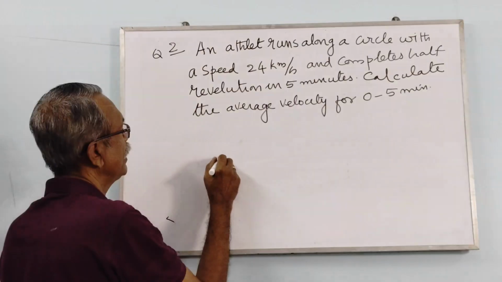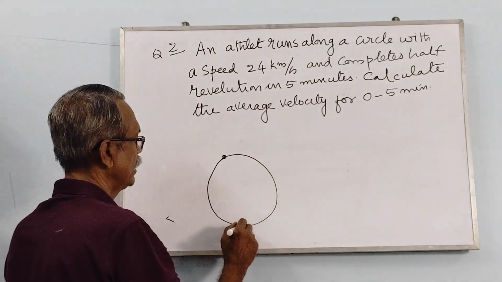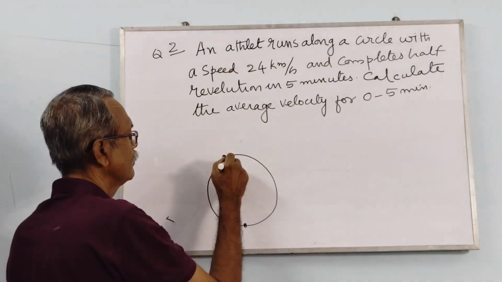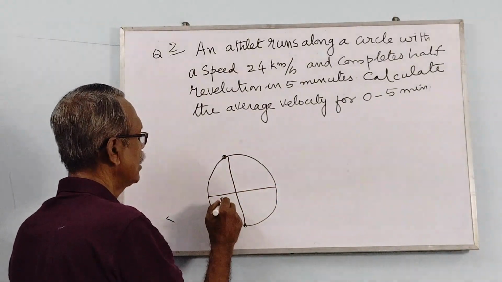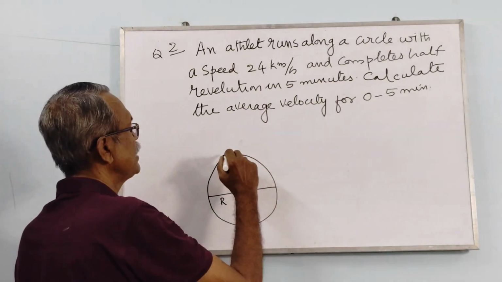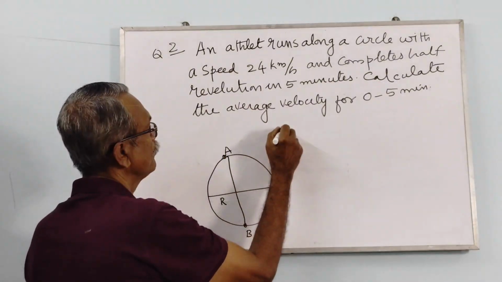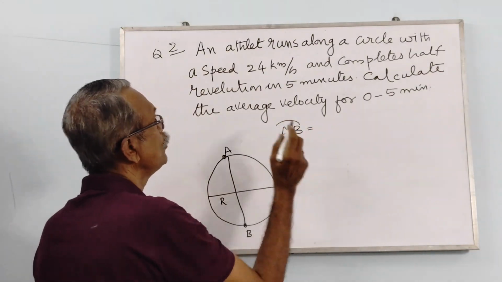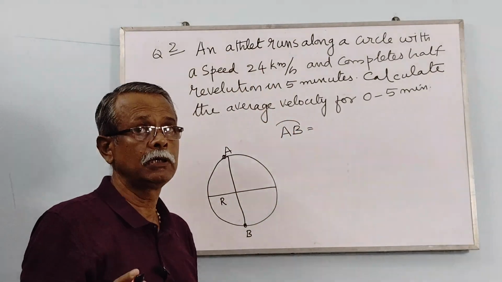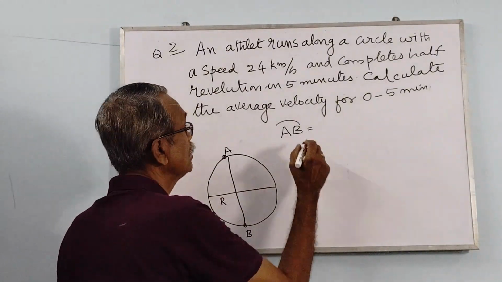He starts from here and he completes a circle, reaches here. This is half revolution. This distance is r. This distance, curved distance from A to B, this is 24 kilometer per hour and time is 5 minutes. 5 minutes means 1/12 hour.